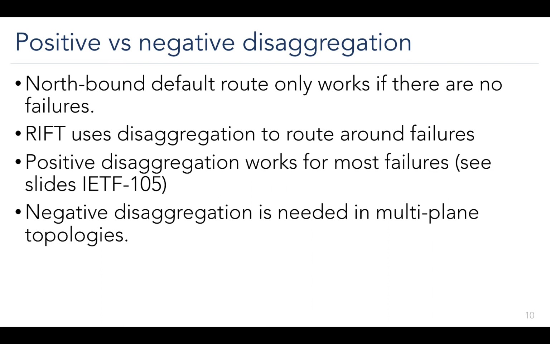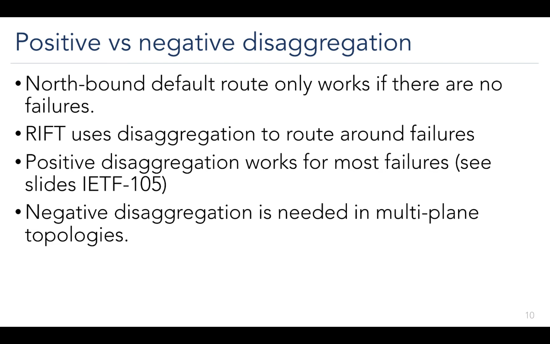There's actually 2 types of disaggregation in Rift. One is called positive disaggregation, and this type of disaggregation deals with most types of failures in the network. Positive disaggregation was already implemented in Rift Python some time ago, and I described it in detail in my presentation at the IETF 105. What I'm going to talk about today is the other type of disaggregation, which is called negative disaggregation.